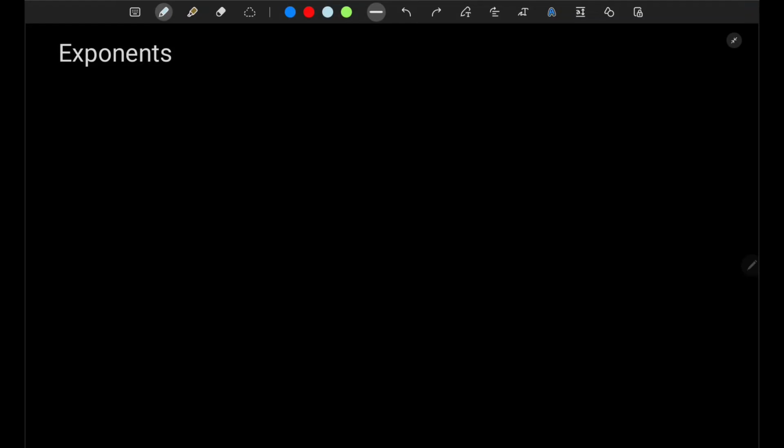Okay, so when we look at exponents, this one is more so for simplifying one side of the equation. Let's say we have a fraction, 1 over x to the minus 2. How you normally would simplify this is you multiply the top and bottom by the opposite, x squared in this case, since we have x to the minus 2.